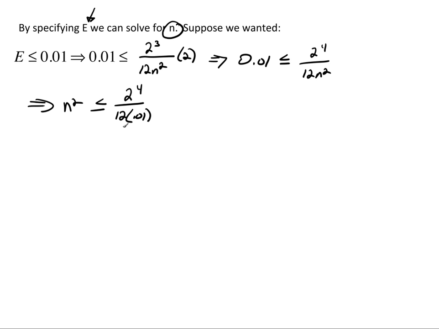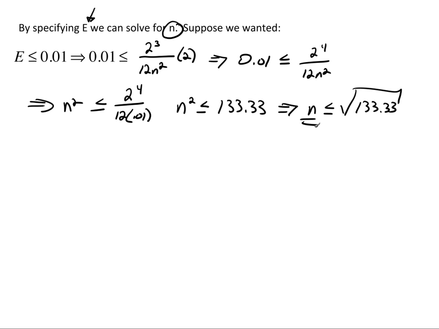Let me see. I'm not going to mess around with it. I'm just going to grab a calculator now and approximate it. And when I do, what I get is n squared is going to be less than or equal to 133.33. What that means then is that n is going to be less than or equal to the square root of 133.33.